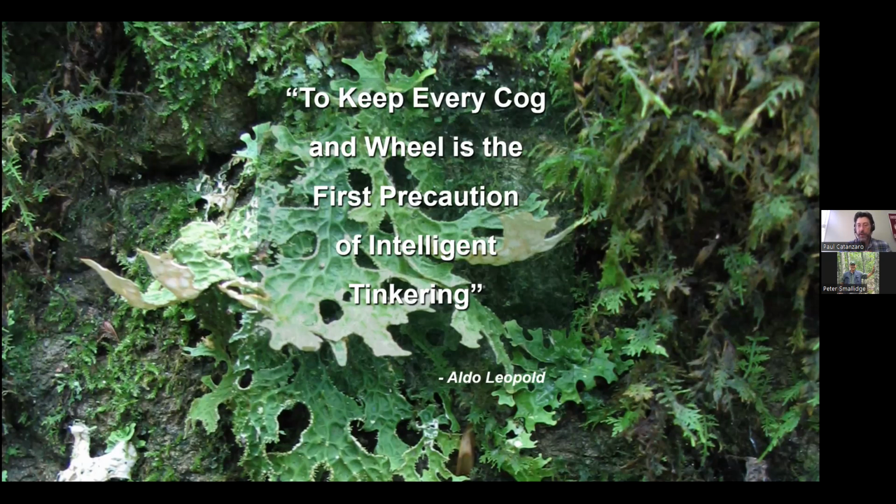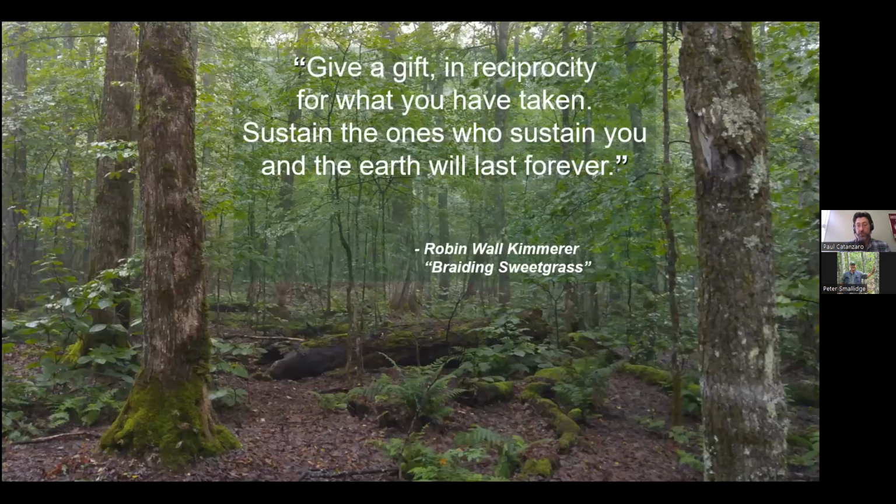The other thing that I want to point out with Leopold is of course that land ethic that he's so well known for, and our relationship to the forest and what that means. And by no means is Leopold the first or only one to talk about a different relationship with our forests. I've been reading Braiding Sweetgrass, and we have a Women on the Land network here in Massachusetts that's had a book club talking about this.